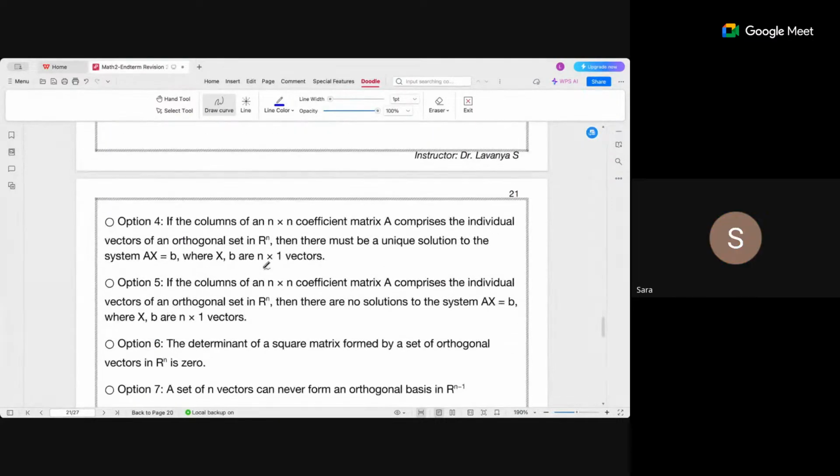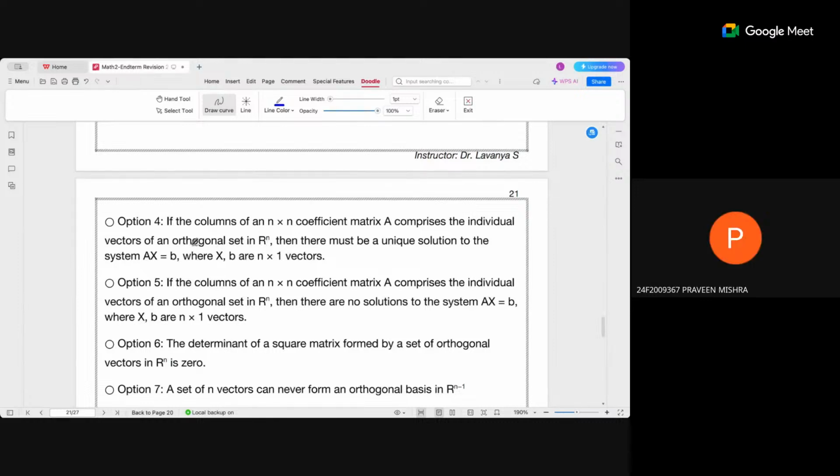If the columns of an n by n coefficient matrix comprise the individual vectors of an orthogonal set in Rn, then there must be a unique solution to Ax = b. When will we have a unique solution to Ax = b? If the columns of A are linearly independent. So do we know whether the columns are linearly independent?